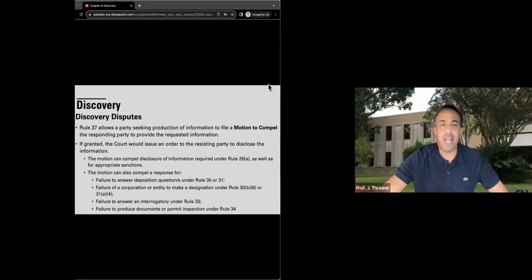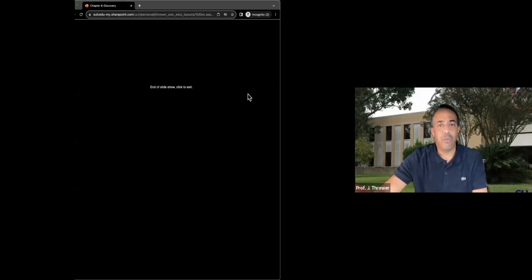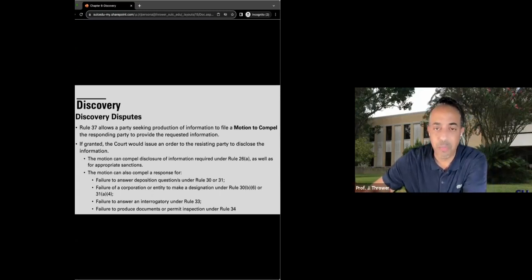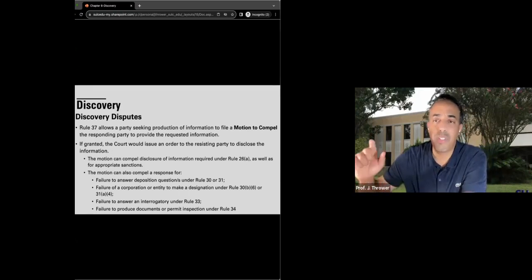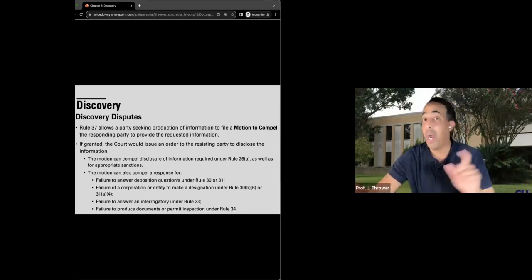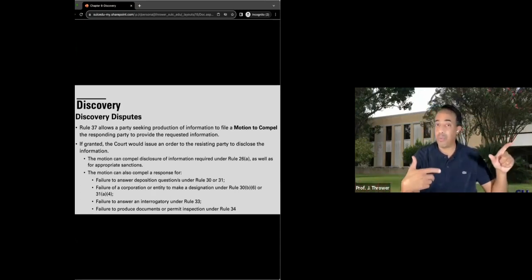Rule 37 allows a party that's seeking production of information to file a motion to compel with the court in order to compel production of the information that is sought. If this motion is granted, then the court would order the resisting party to disclose whatever the information that is being requested. The motion can compel disclosure of information that is required to be disclosed in advance under Rule 26.